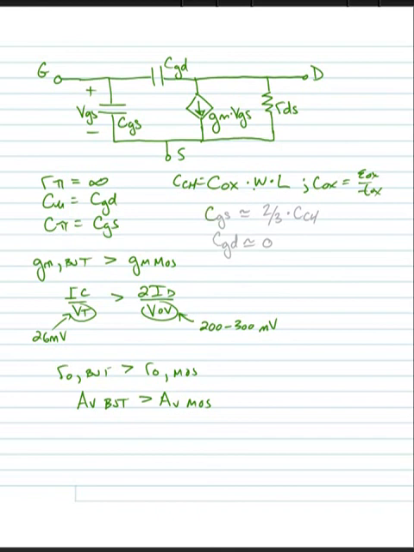And we also know that in saturation, CGS is approximately 2/3 of our C channel, and typically we say that CGD is very small, and in most approximations we'll say that CGD is approximately equal to 0 in saturation.